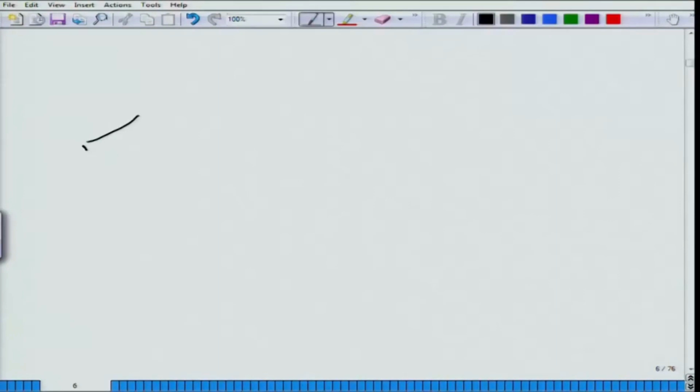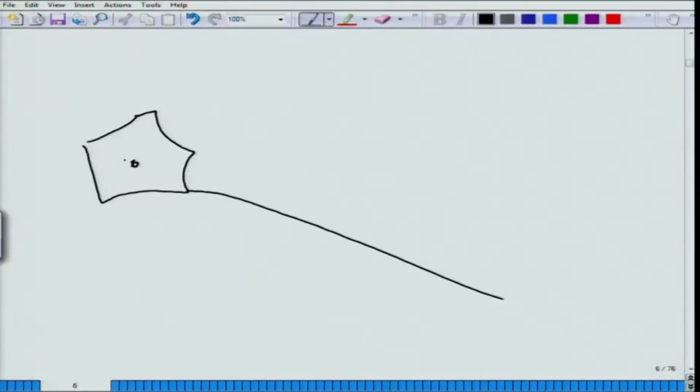Coming back to the basic structure, I have already drawn the basic structure of the neuron. It is a highly polarized structure, and we discussed that this polarity is a really interesting and challenging problem in the field of nervous system.